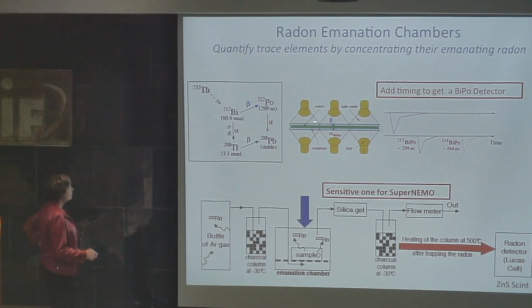So if you have two scintillators, you have the beta decay occurring at one time, and then in the opposite scintillator, if it were this chain for thorium, you would see another signal 299 nanoseconds later. The uranium chain is 164 microseconds.